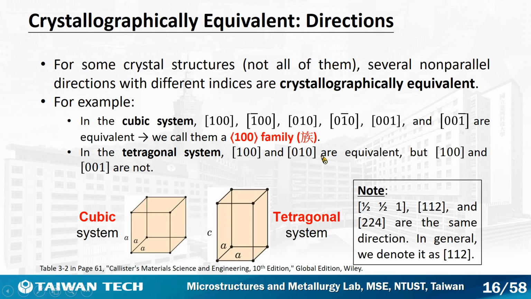And let's talk about some fundamental understanding of crystallography. For some crystal structures, of course, not all of them, there will be several non-parallel directions with different indices, but they are crystallographically equivalent, as we said here.